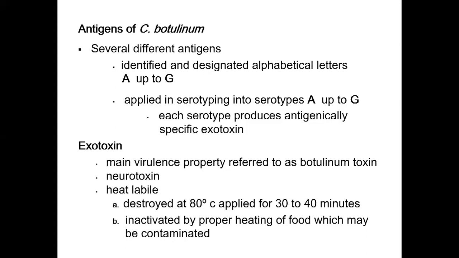These toxins are antigenically specific. So a toxin produced by serotype A can only be neutralized by an antibody formed against it. An antibody formed against another serotype cannot neutralize a toxin formed by a different serotype.